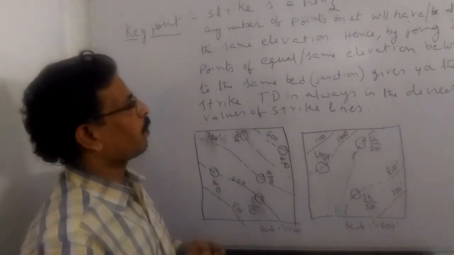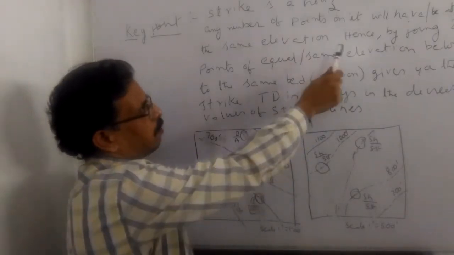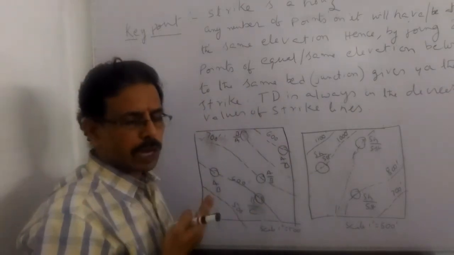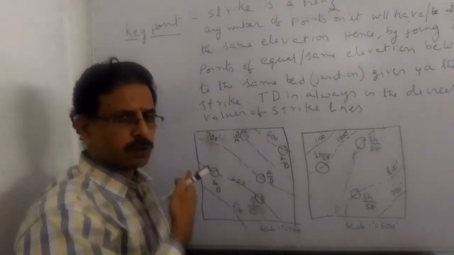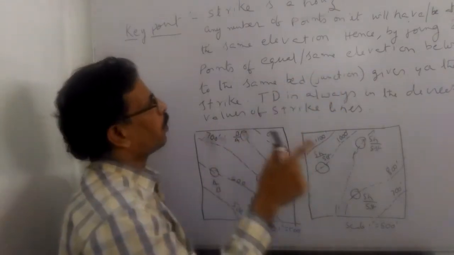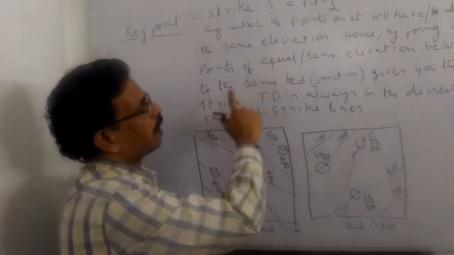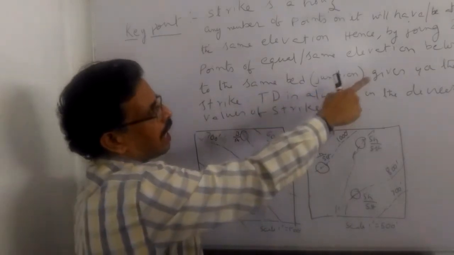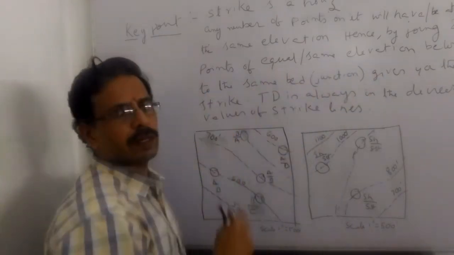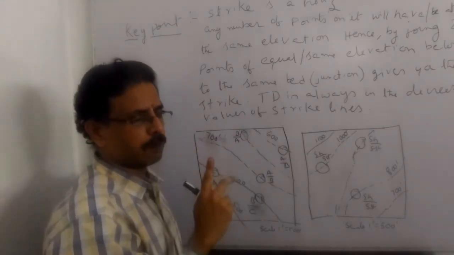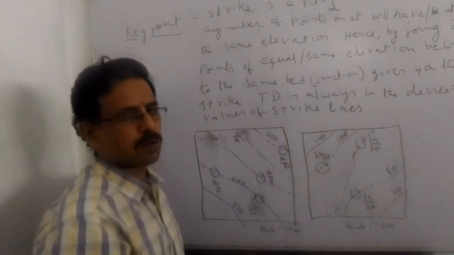The fundamental point is, if you have more than 2 points, try to join all the possible points. By joining 2 points of equal elevation belonging to the same bed or junction, that will give you the strike.